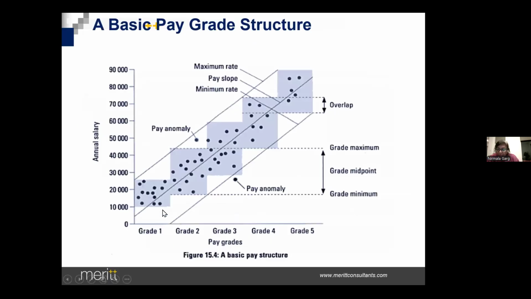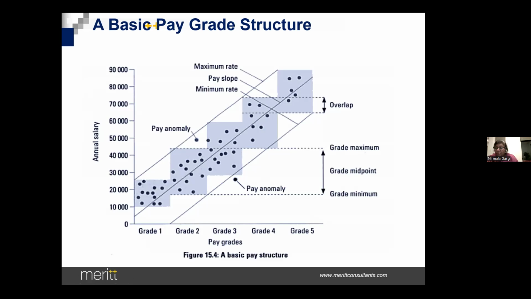For every grade you are creating, a min and a max. What amount of overlap do you want to have? That is, do you want your higher grade to start from where the lower grade has finished, or would you like a small overlap, which is called the midpoint differential?